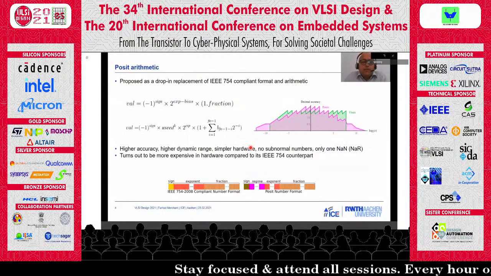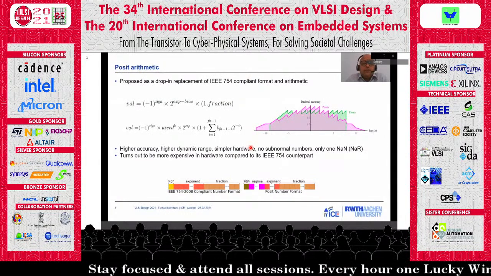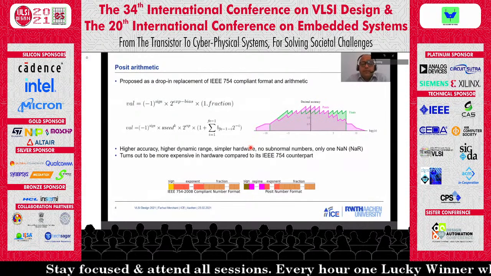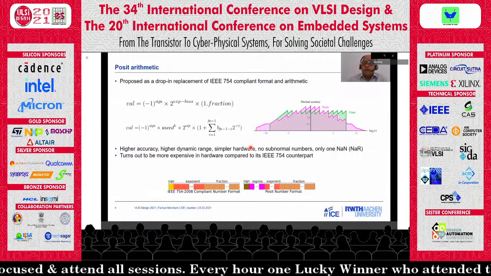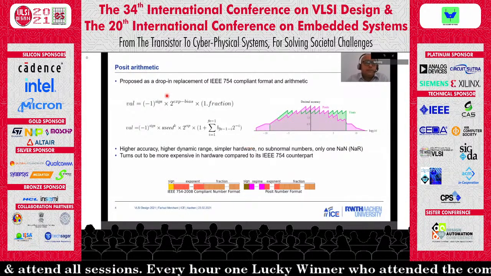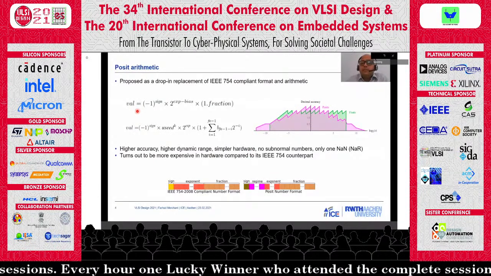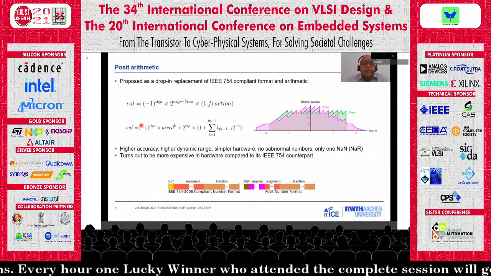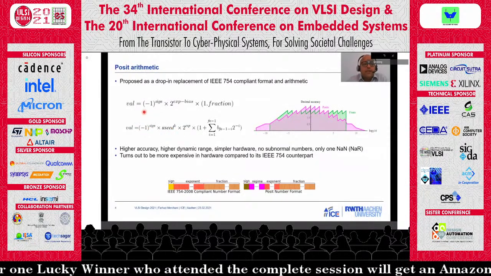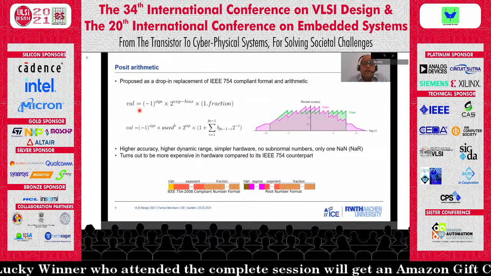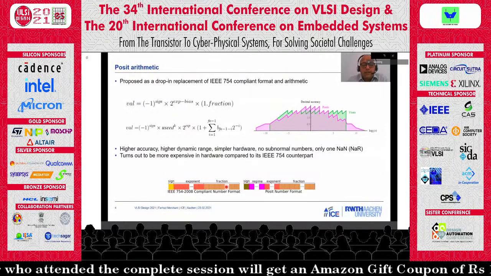Now, coming to some background, POSIT arithmetic was proposed in 2017 by Professor John Gustafson, who is now at the National University of Singapore. Here you see two equations. The upper equation represents a number in IEEE 754 format, and the equation below represents a number in POSIT format. In the IEEE 754 compliant format, you have a sign bit, then exponent bits, and then the fractional part.